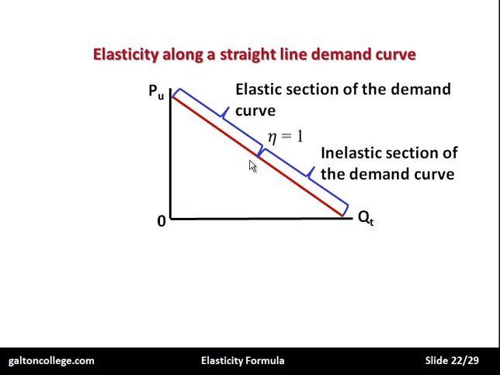We can talk about the elastic section, which is the top half. We can talk about the inelastic section, the section which is less than 1 but is equal to 0 or greater. The elastic section is greater than 1 up to infinity. So we can talk about the elastic and inelastic sections. We can't talk about the whole curve as being elastic or inelastic, because it varies all along the curve.